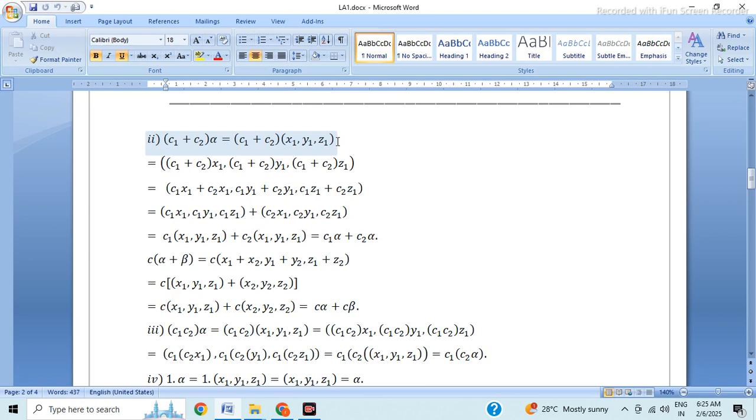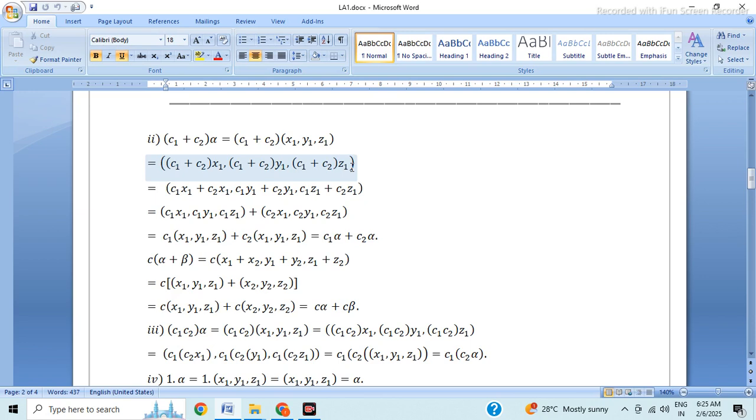As usual, multiplication only. C1 plus C2 times x1. Second term, C1 plus C2 times y1. Third term, C1 plus C2 times z1. Then expand it: C1 x1 plus C2 x1, then C1 y1 plus C2 y1, third term C1 z1 plus C2 z1.